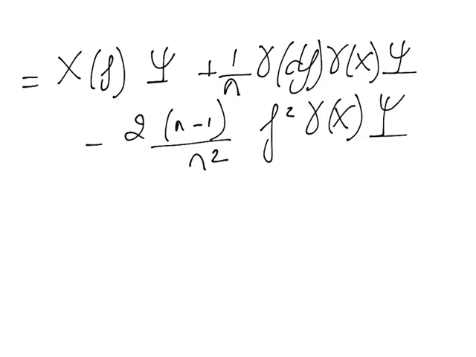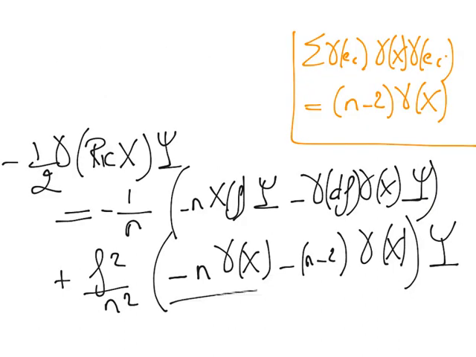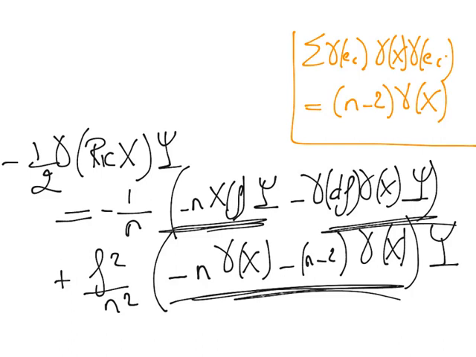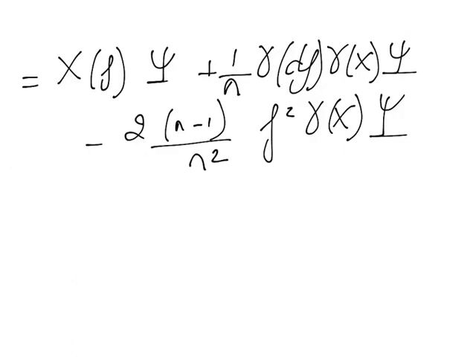Of course, where I combine the following terms of gamma x, I kept this term alone and this one as well. This is true for any vector x, so don't forget this is minus half Ricci x Clifford psi, and this is true for any x.